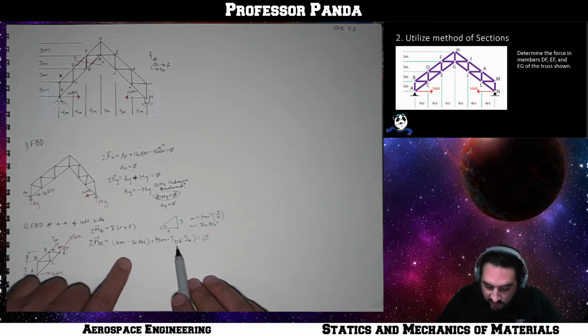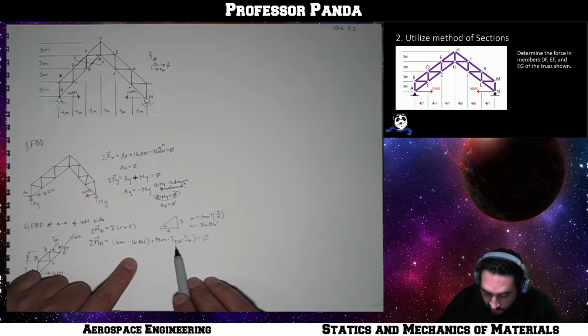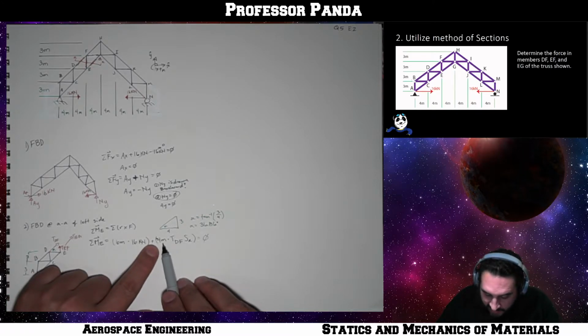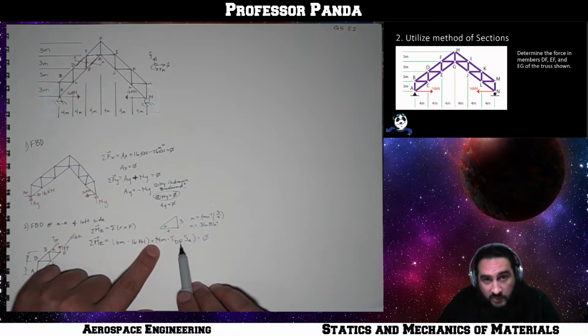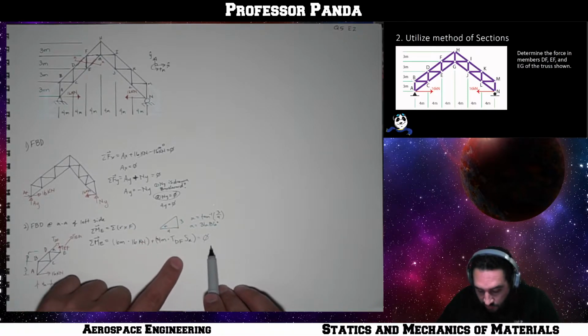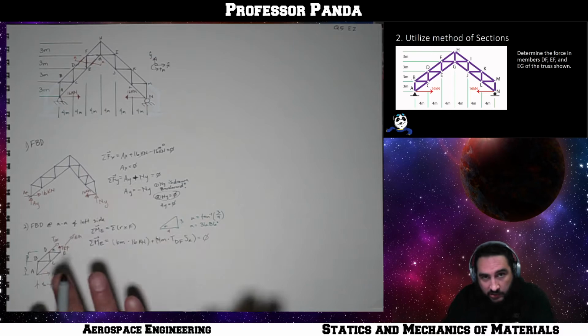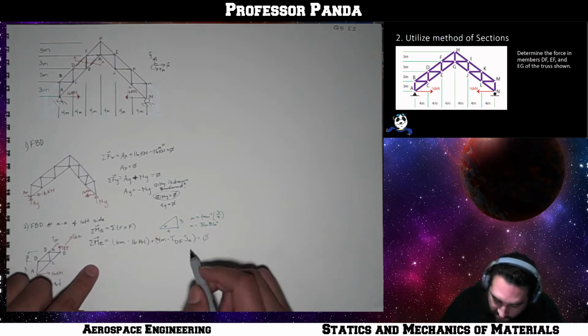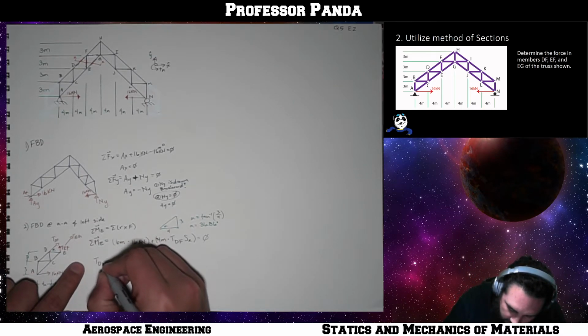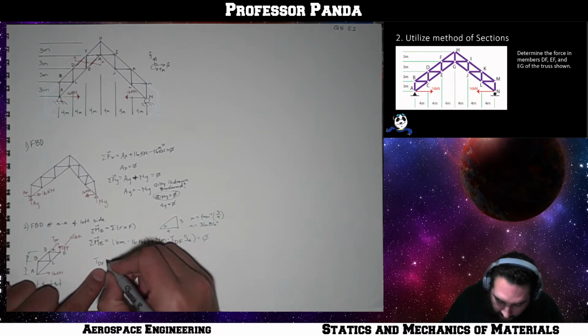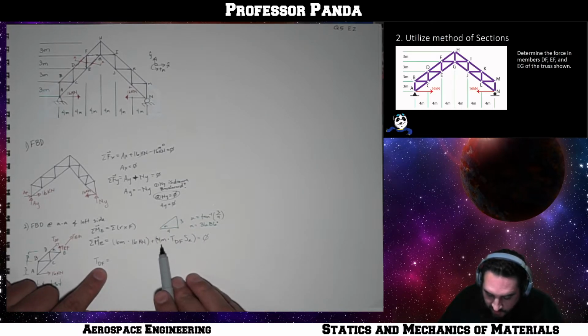So since TDF is the only unknown variable, we can solve for that directly. So it's negative, and I want to make it positive, so I'm going to move this whole term to the right-hand side and then swap. Okay, so TDF equals, it's attached with 4 meters and a sine of alpha.